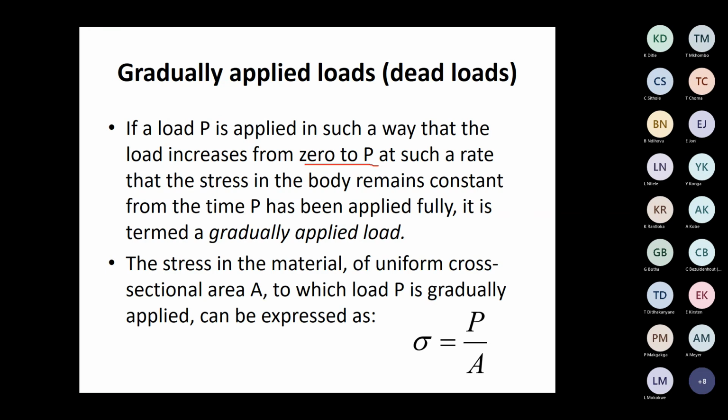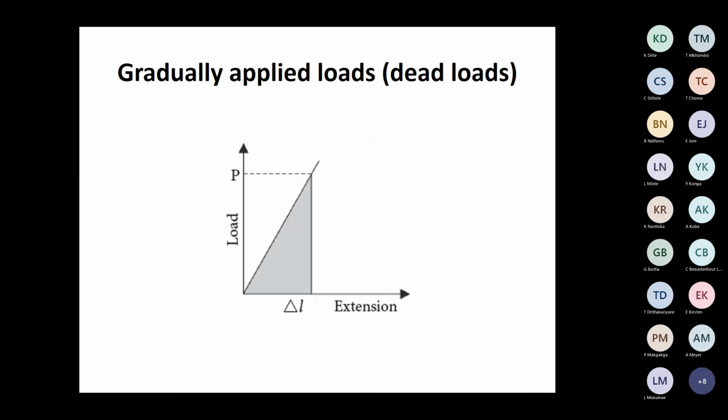This is what we call gradually applied. This is what you have done at the beginning of the year: stress equals force over area. Straightforward, no difference there. Some books also call the gradually applied load a dead load. Check for that word also.